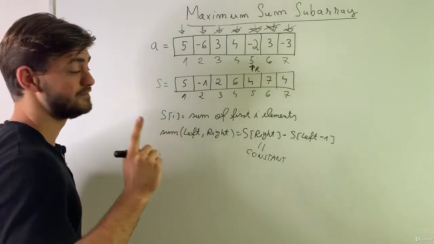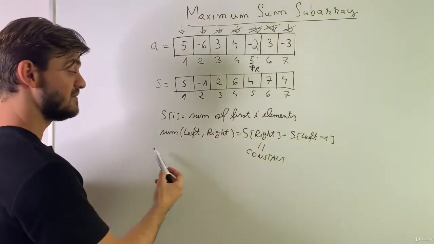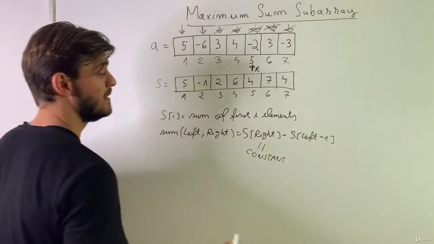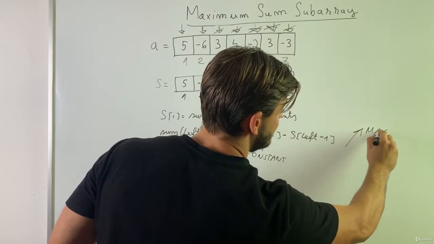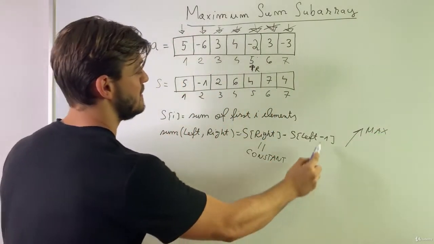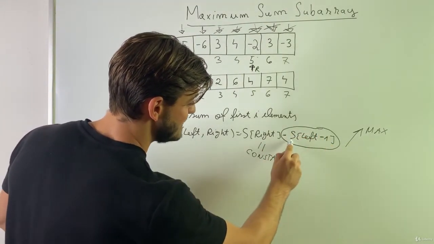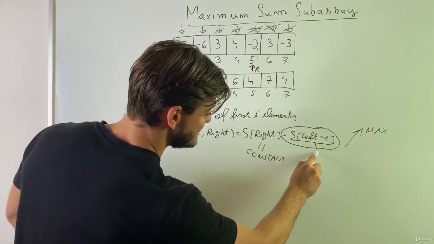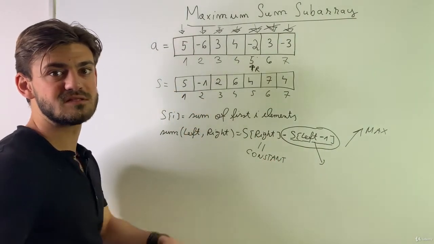And now, the beautiful part. If this one is a constant, and I definitely want to maximize this sum, so this sum should be maximized. Definitely, for this sum to be as big as possible, the value that I subtract, alright, this value, S_(left minus 1), that I subtract from the constant should be as little as possible, right?